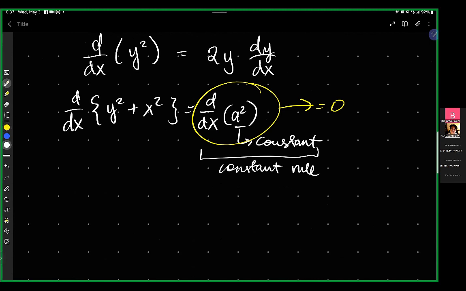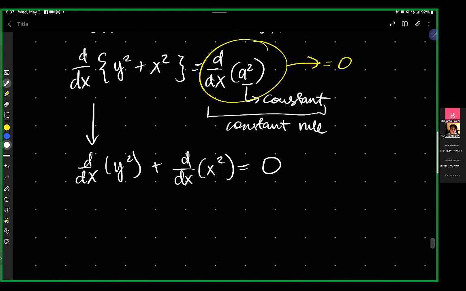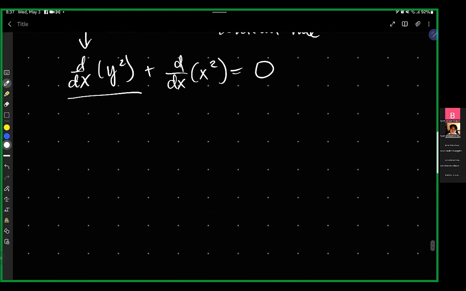Then therefore, the equation will be ddx of y squared plus ddx of x squared equals 0. And we know, again, from our implicit differentiation rule that this must be equal to 2y dy dx plus the derivative of x squared with respect to x, which is just 2x, equals 0.